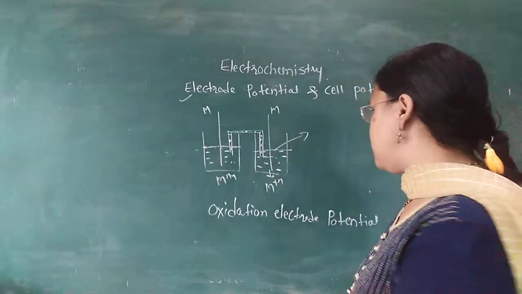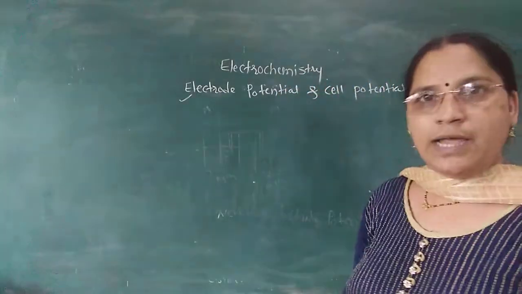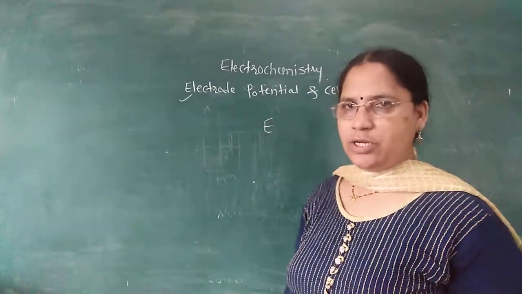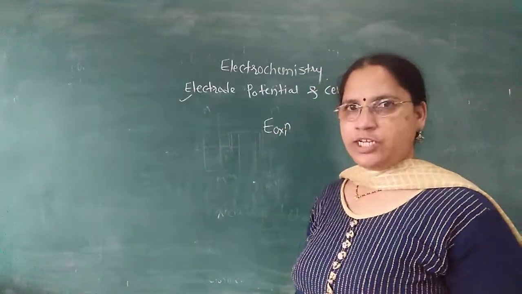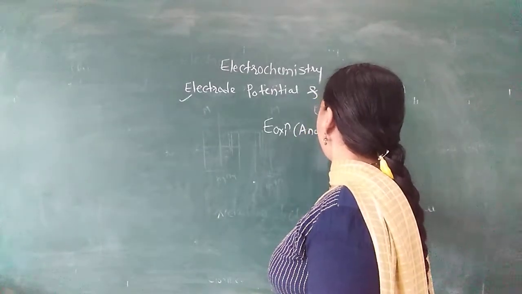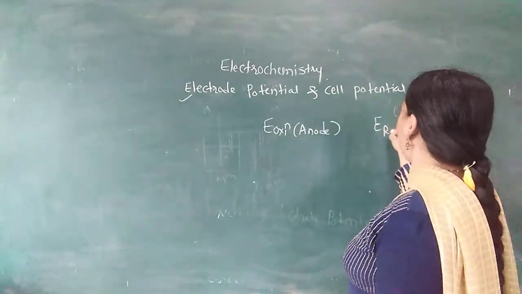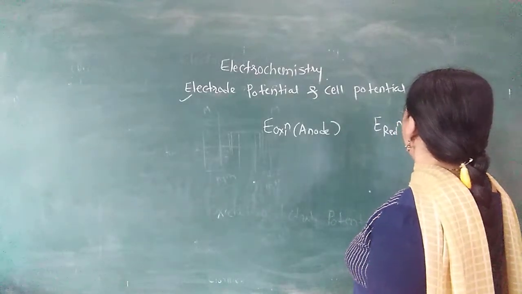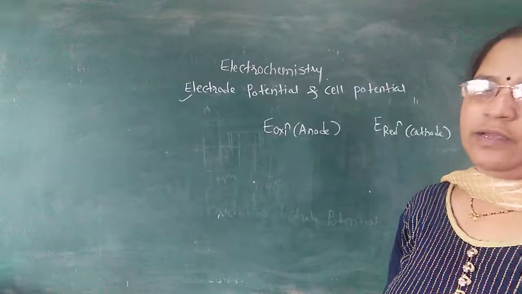These are indicated by E, meaning EMF or potential: E oxidation, the electrode potential of the oxidation half reaction, which occurs at the anode, and E reduction, which occurs at the cathode.